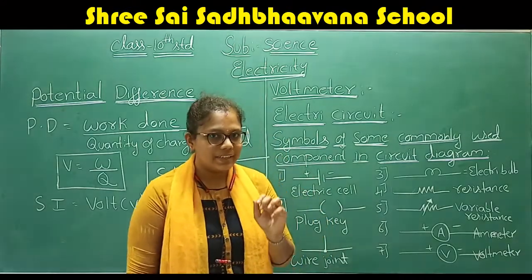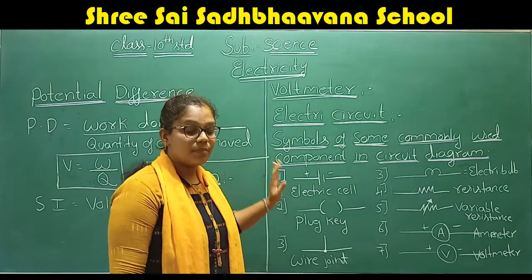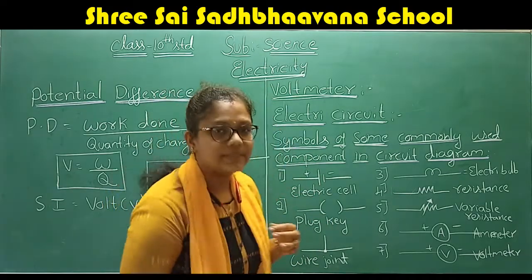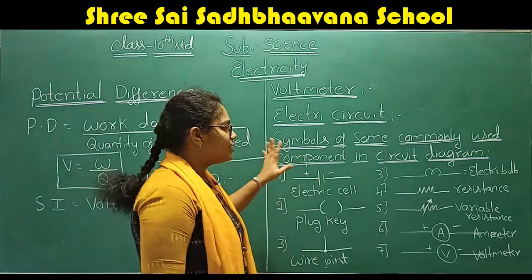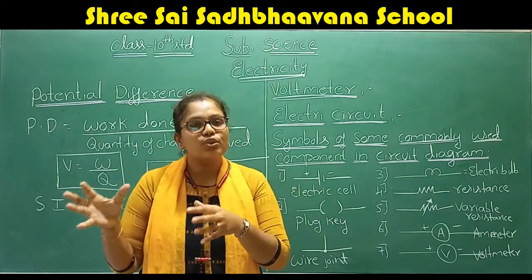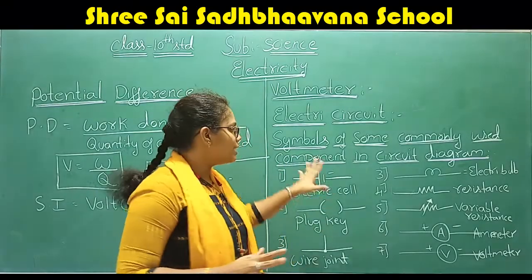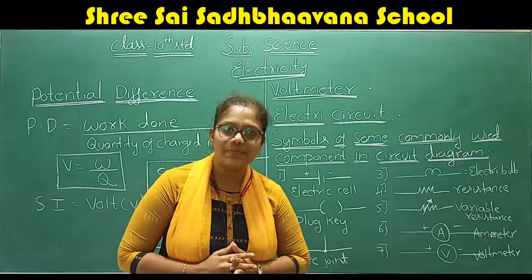To understand the electric circuit, we need some symbols. These are some of the regular symbols that we are going to use in circuits. We will discuss some of the important symbols.